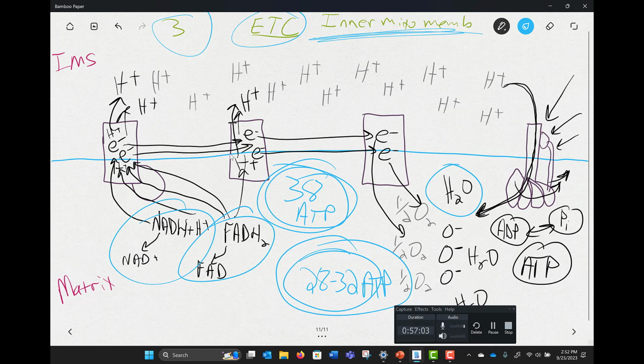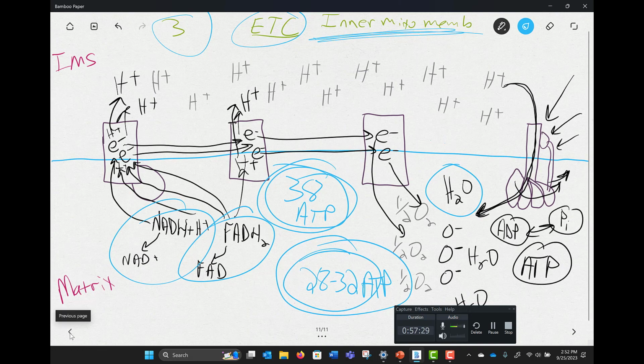We would not be able to pass them through because this last protein would get full of electrons. The second protein would get full of electrons. This first protein would get full of electrons. If they're all full of electrons, they can't pull electrons from NADH plus H plus and FADH2. So those get full of electrons.